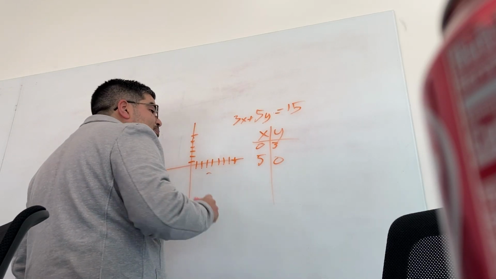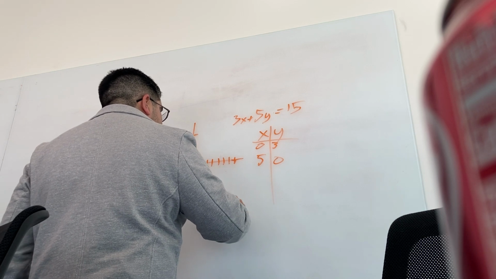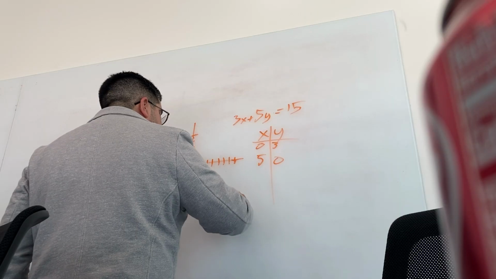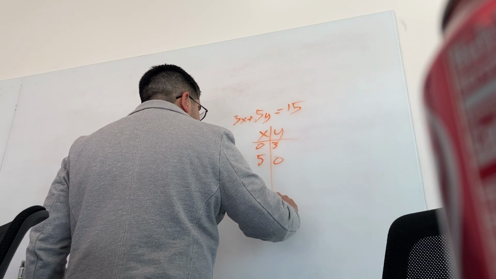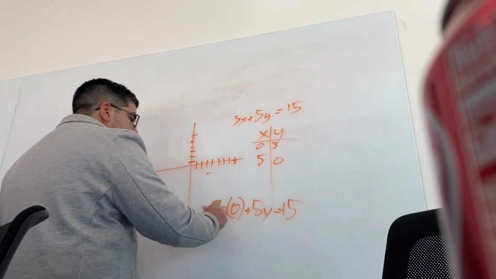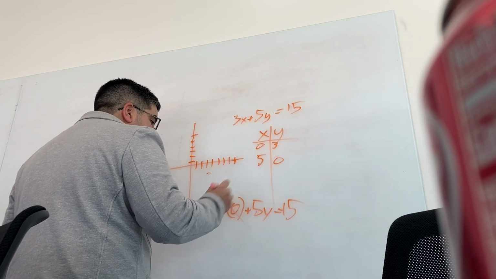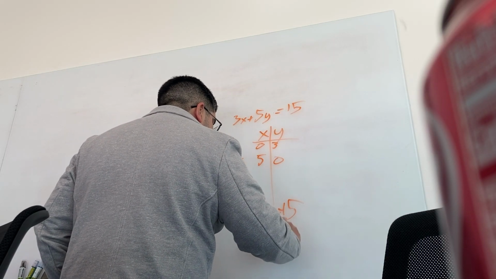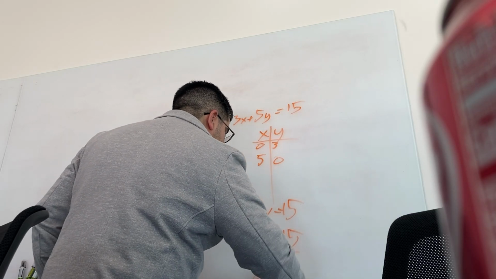Essentially, just to show you, just because I'm nice, and I want to make sure that you guys know it: 3 times 0 plus 5 times y equals 15. So then 3 times 0 is going to be 0, right? So it cancels out. There's just nothing there. So then we have 5y equals 15. And we divide by 5, divide by 5.